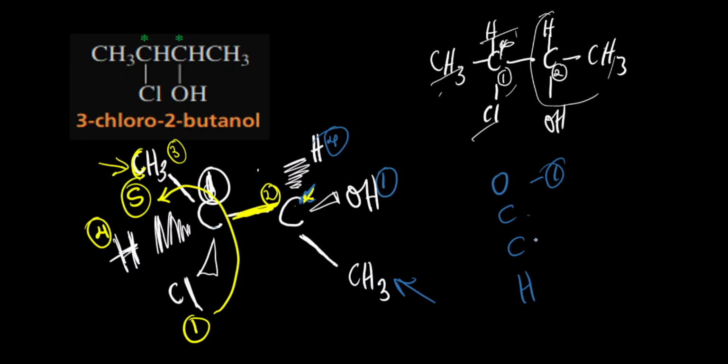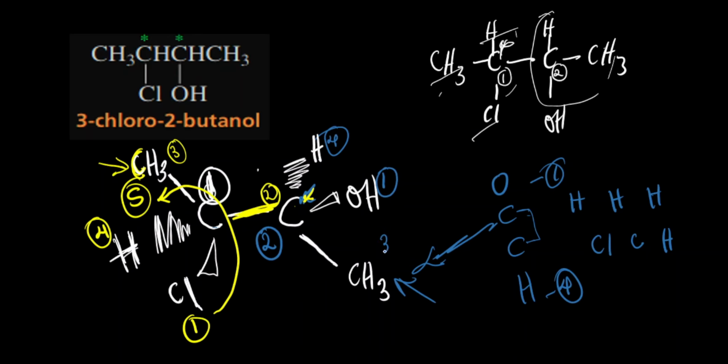Now these two carbons tie, so let's break the tie. The carbon here is attached to a hydrogen, hydrogen, and hydrogen. The carbon here is attached to a chlorine, a carbon, and a hydrogen. So definitely the carbon here wins as priority number 2, and this is priority number 3.